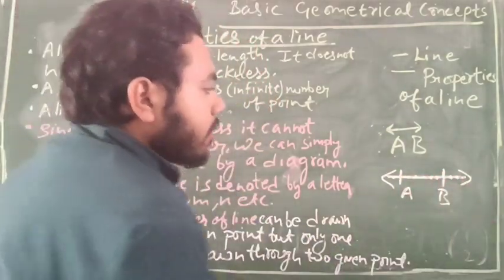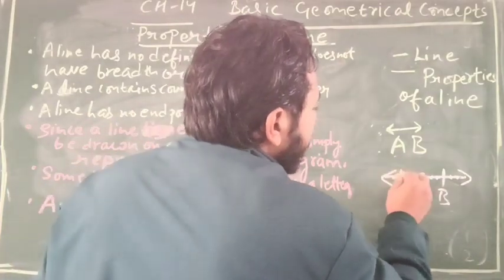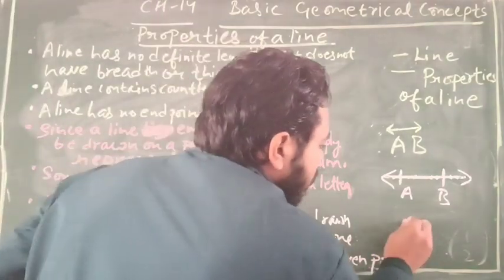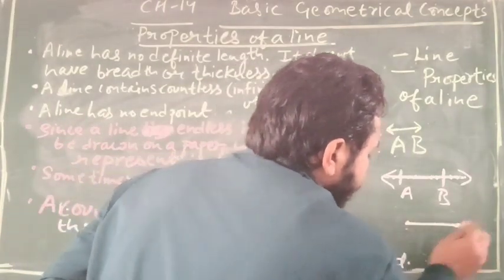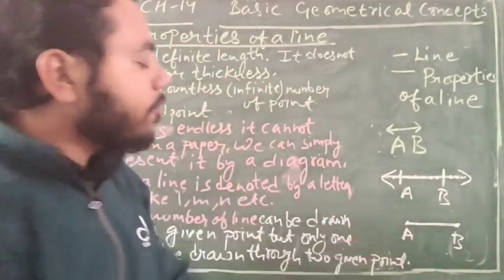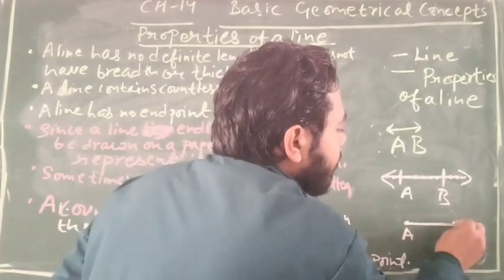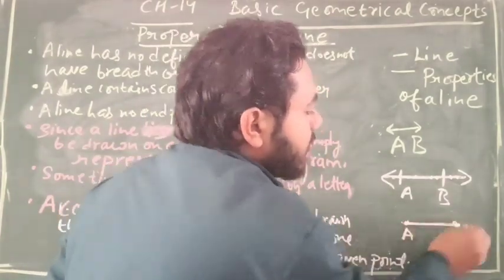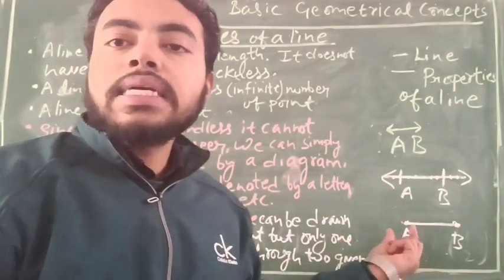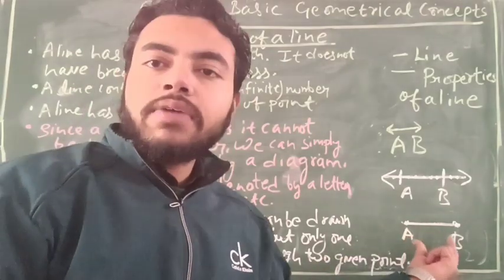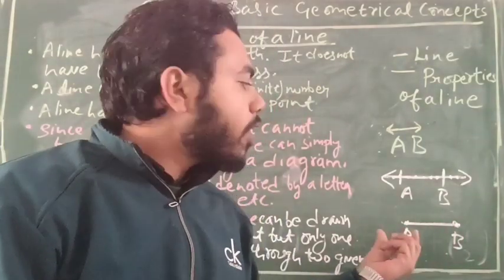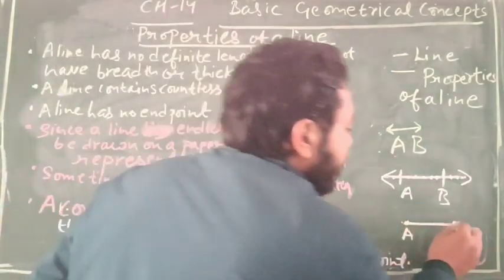We have to notice that if two points are given, only a single line can be drawn through the two given points. Suppose point A and point B are given, we are only able to draw a single line.